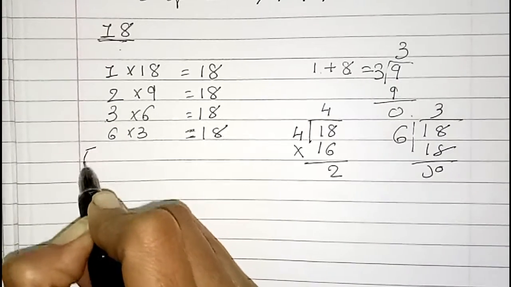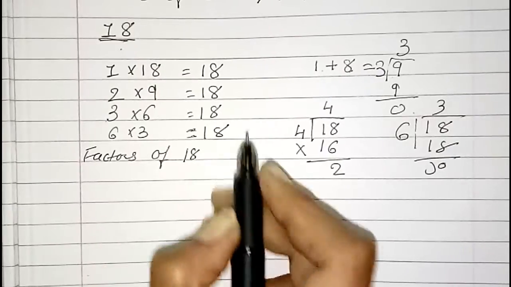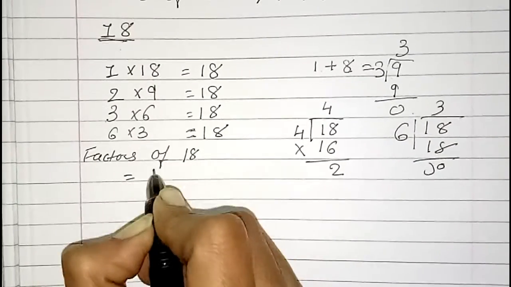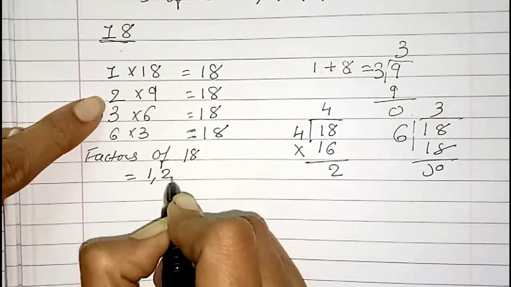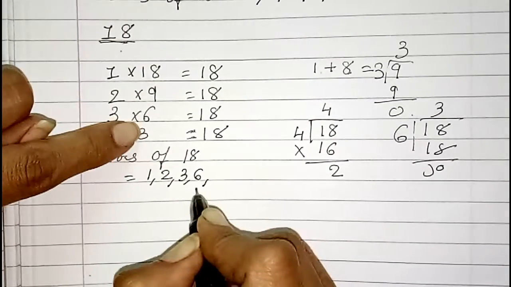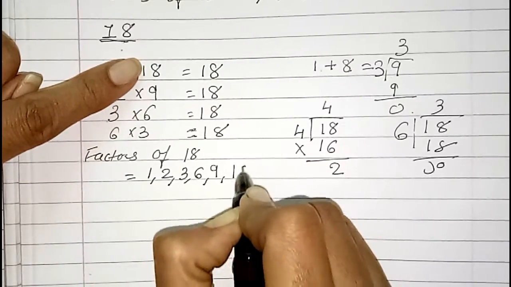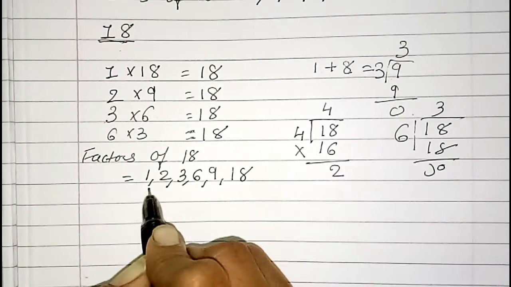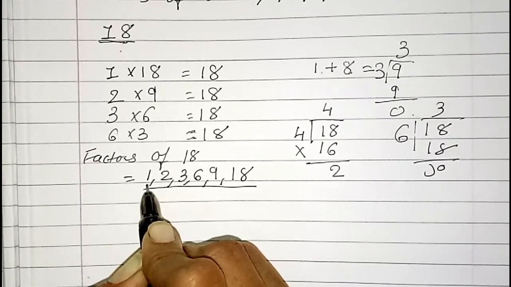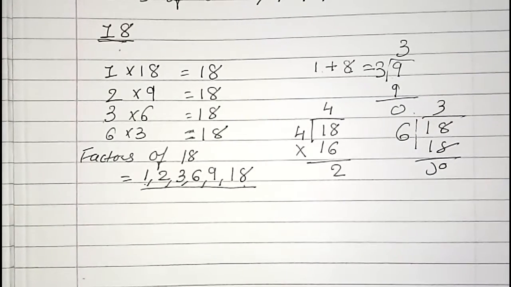So let's write the factors of 18 are 1, 2, 3, 6. 3 we wrote, 6 we wrote, so 9 and 18. So which is the smallest factor of 18? 1, and the greatest factor of 18 is that number itself.